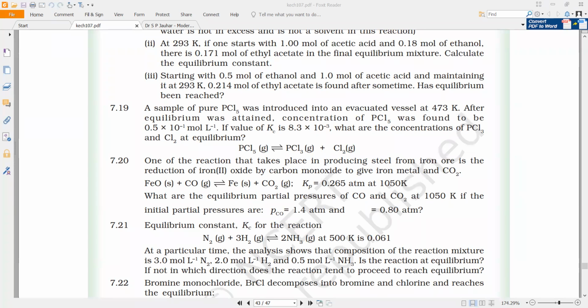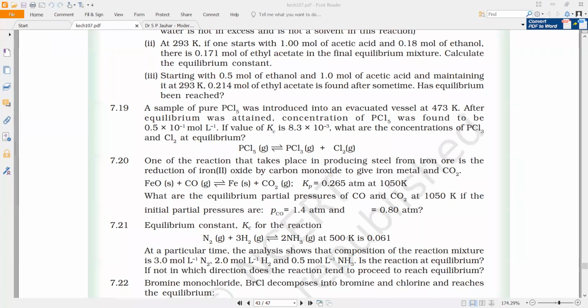Now Kc will be equal to the concentration of PCl3 into the concentration of Cl2 divided by the concentration of PCl5. So Kc is given as 8.3 into 10 to the power minus 3, which will be equal to x into x upon 0.5 into 10 to the power minus 1.